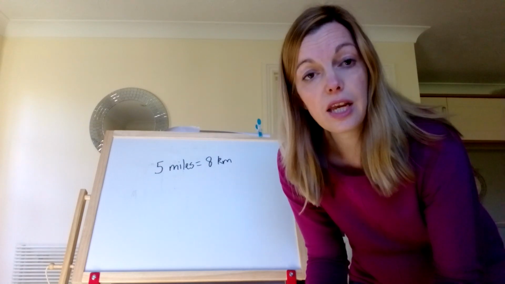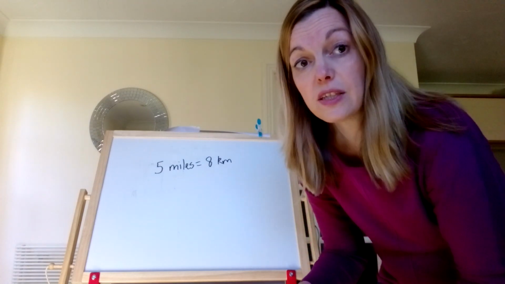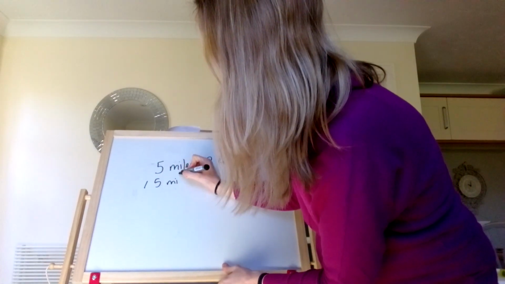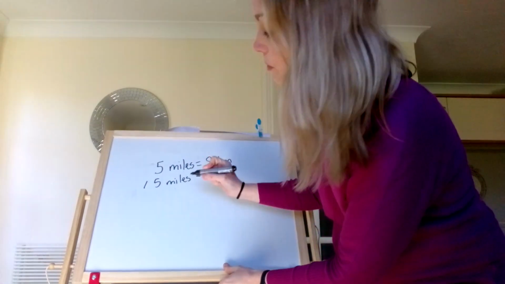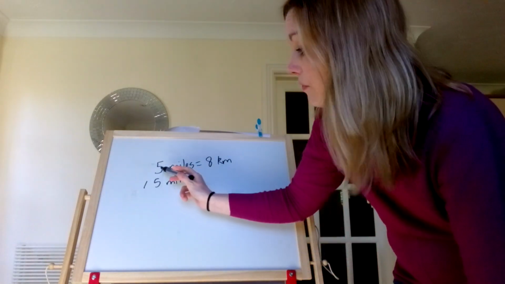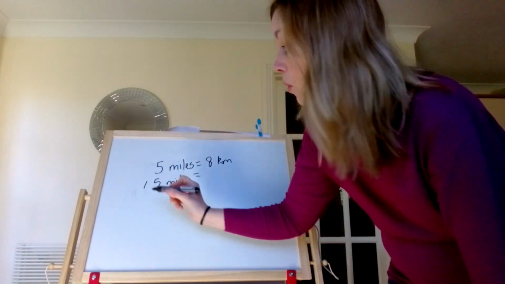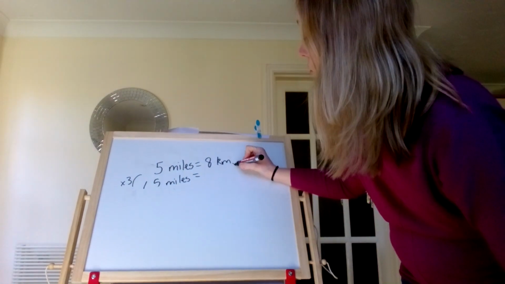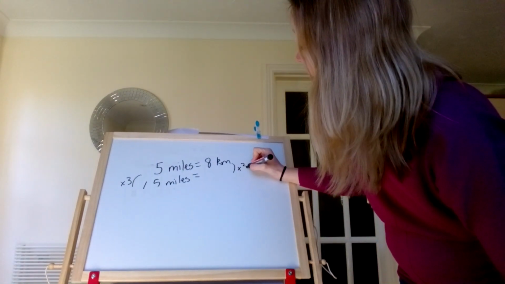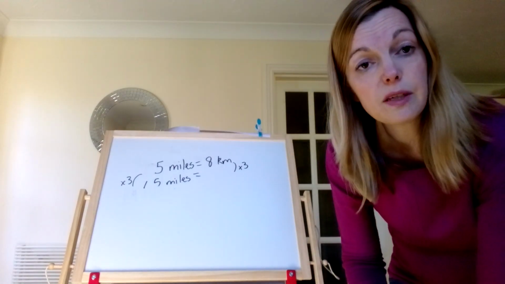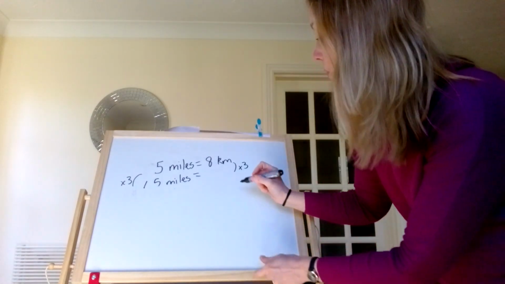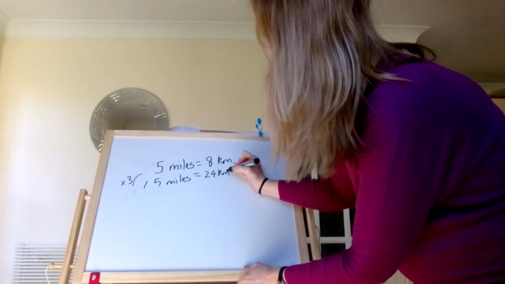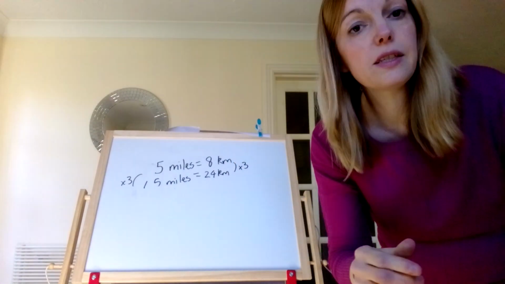Okay, now if it says how many kilometres are there in 15 miles, this is nice and straightforward, because we can see to get from 5 to 15, all we've done is times by 3. So that means all we need to do to this side is make it 3 times bigger, times it by 3 as well. 8 times 3 would be 24 kilometres. So we know that 15 miles will be 24 kilometres.